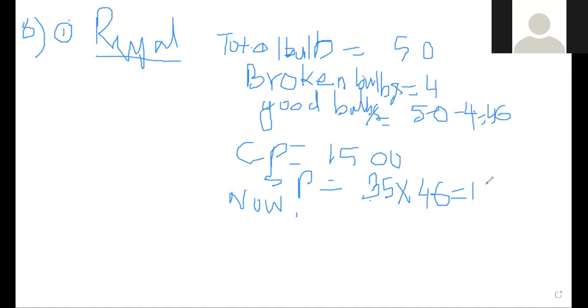You understood how to find SP? We have to find SP of 46 only, because 4 were broken.